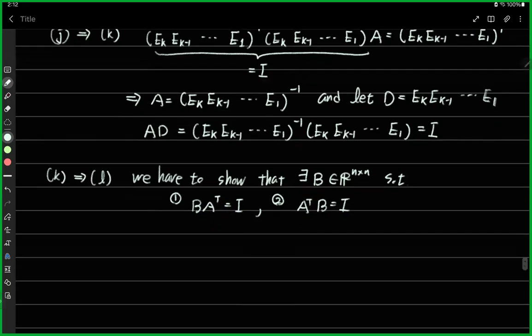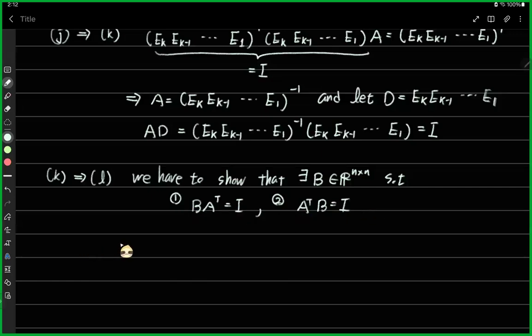So from the hypothesis K, this is the assumption, right? What's K? There exists a matrix D such that AD equals I. We assume this one, and then we have to show that this one and this.